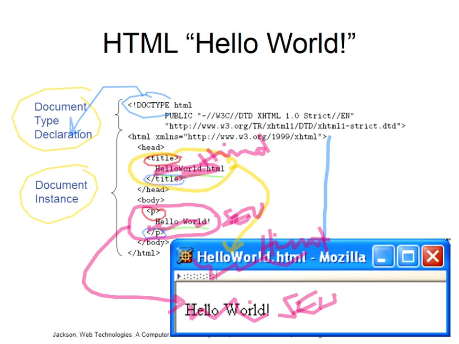So the difference between hello world.txt and hello world.html: the first one is a simple text, the second one represents a web page, and this web page can be displayed by a browser. Is the difference clear for you?